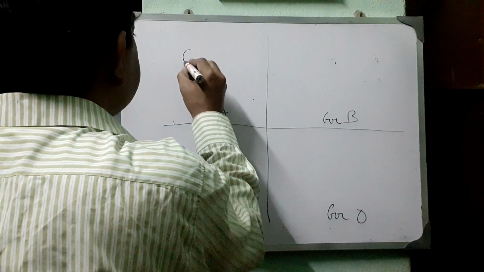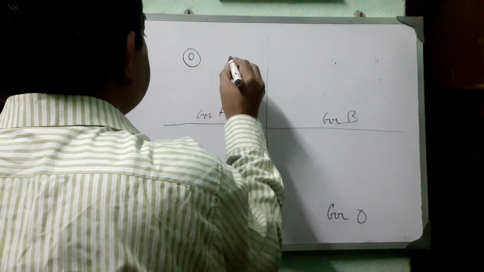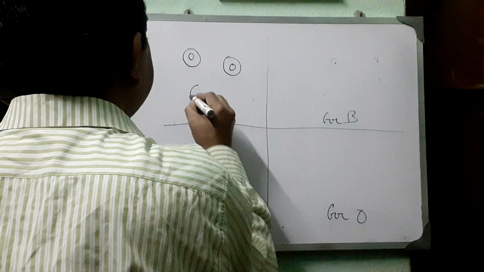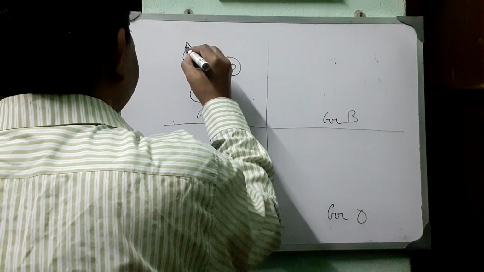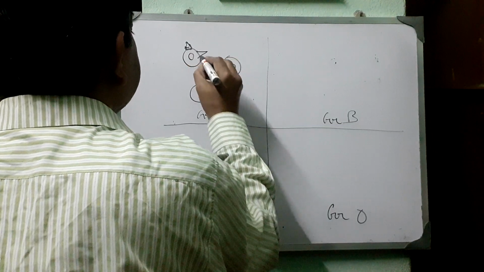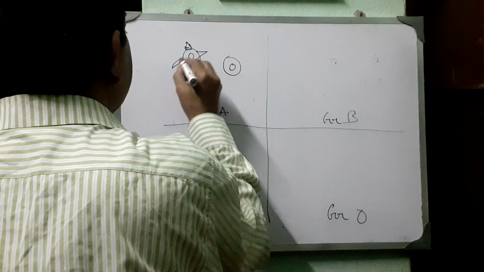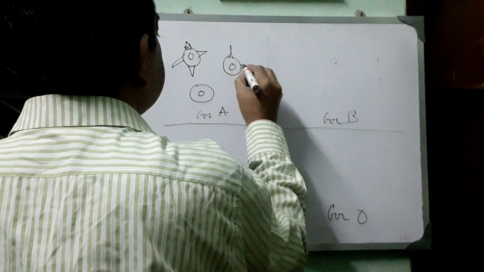Now these are the red blood cells looking like that, and this is the A antigen present here.